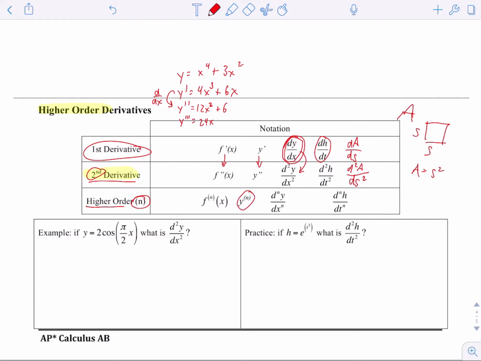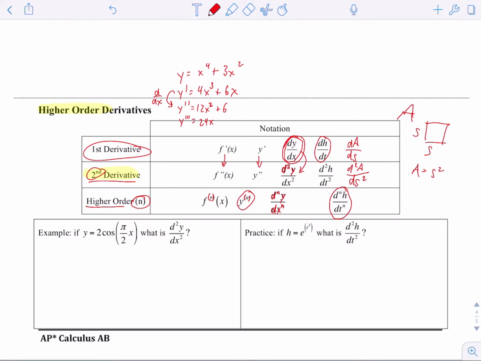Okay, y parentheses n, and that tells you it's the nth derivative. Okay, so just like f prime of x would be f with the parentheses n in the exponent spot. Instead of d squared y, it would be d n y over dx to the n. Okay, and same thing with this h or t.